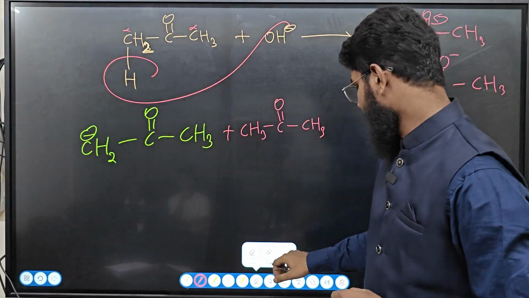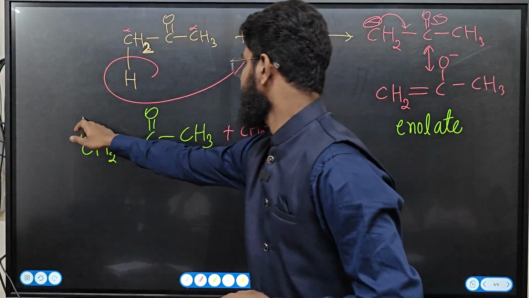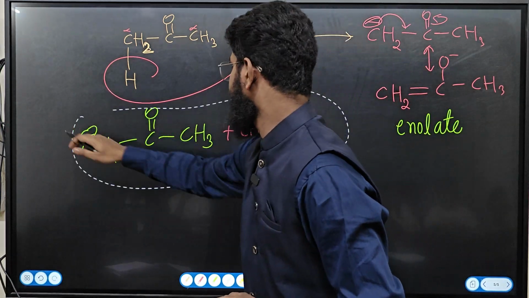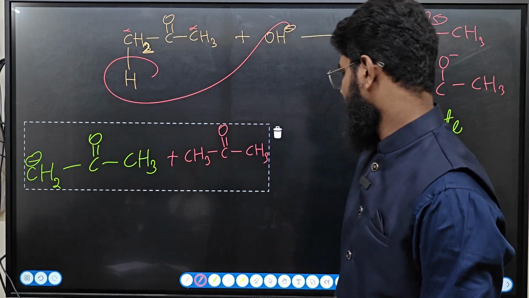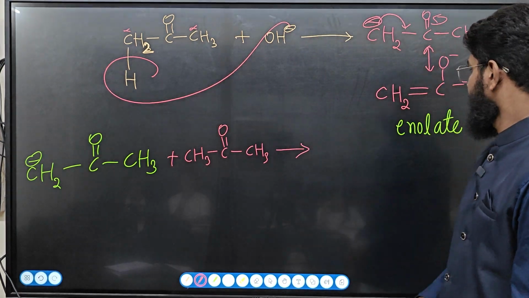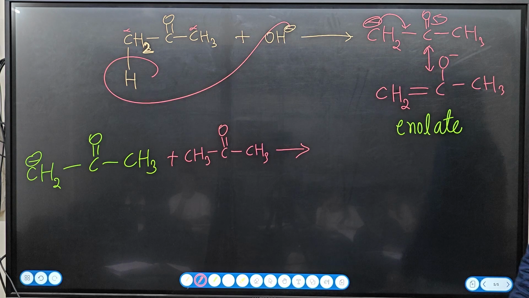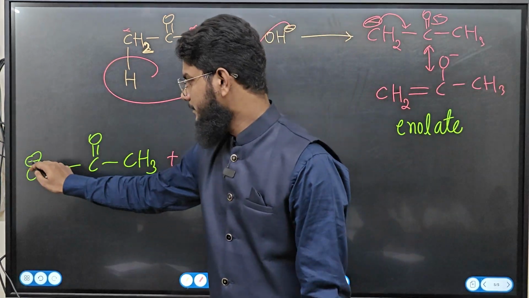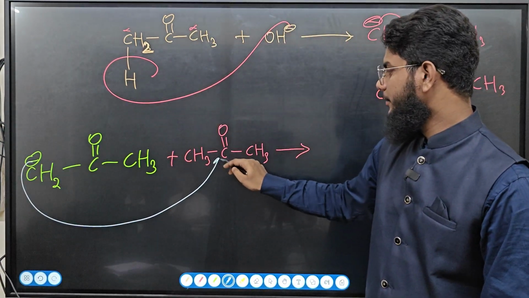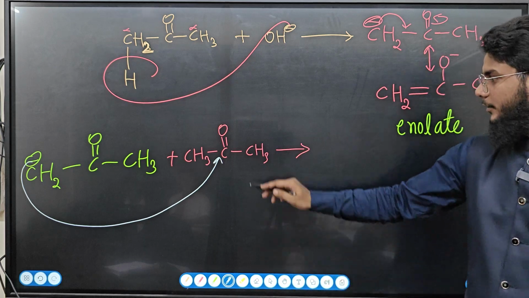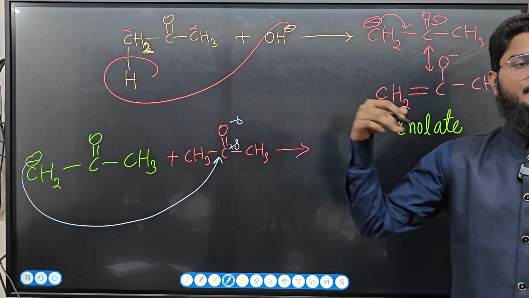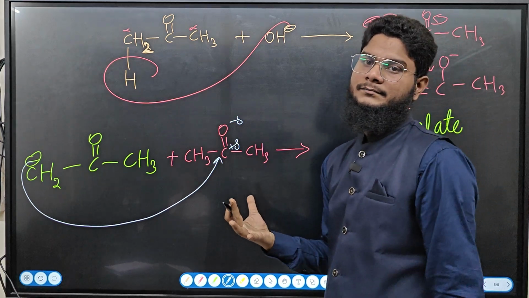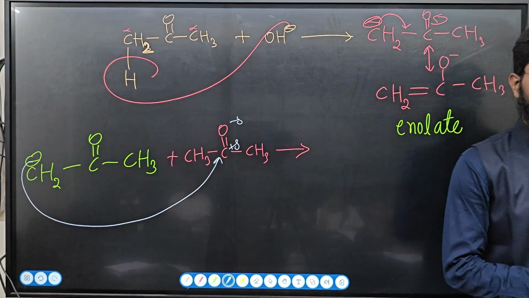So what will be the product? What happened? This negative will attack on this carbonyl center, because carbonyl has positive charge. It's a positive center, and you know nucleophile is nothing but nucleus positive loving species.